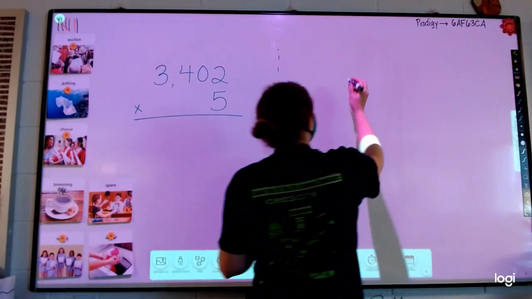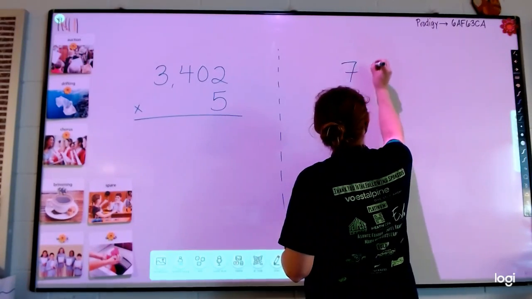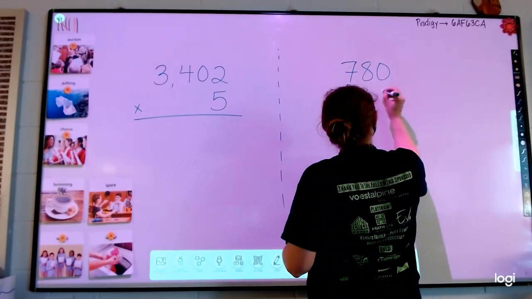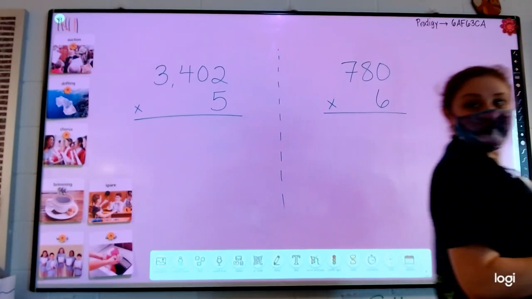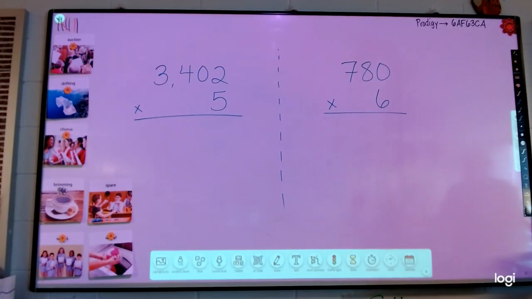And here's your second problem. So you all get started on your own. I'm going to give you a 1-minute head start, and then I will work up here, and you can check your work with me.